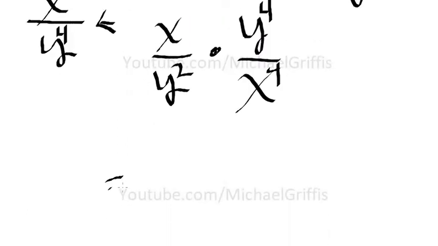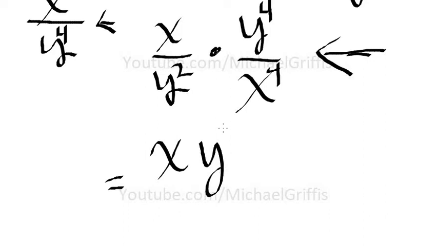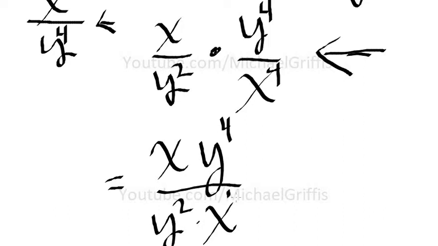So what we need to do here is multiply the numerators together and multiply the denominators together. So this just becomes x times y to the fourth over y squared times x to the fourth.